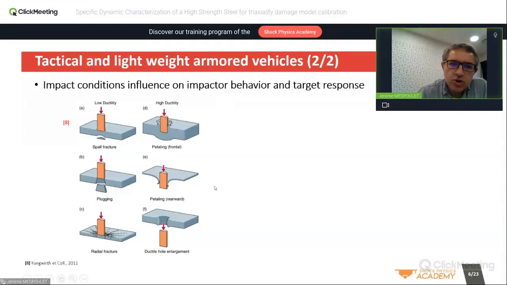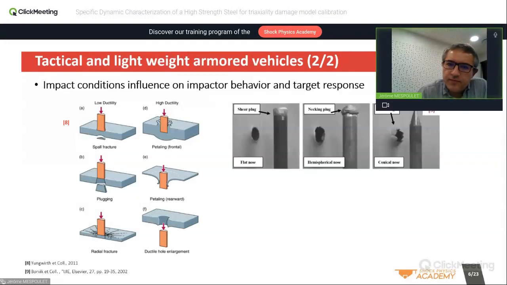So depending on the condition and the material for the impactor and for the target, for the steel protection, you can have various scenarios of impact and so various responses you have to consider. An example from the literature is from Borvik and colleagues in 2002. They considered the same weight of projectile, but with different noses: a flat one, a hemispherical one, and a conical one.